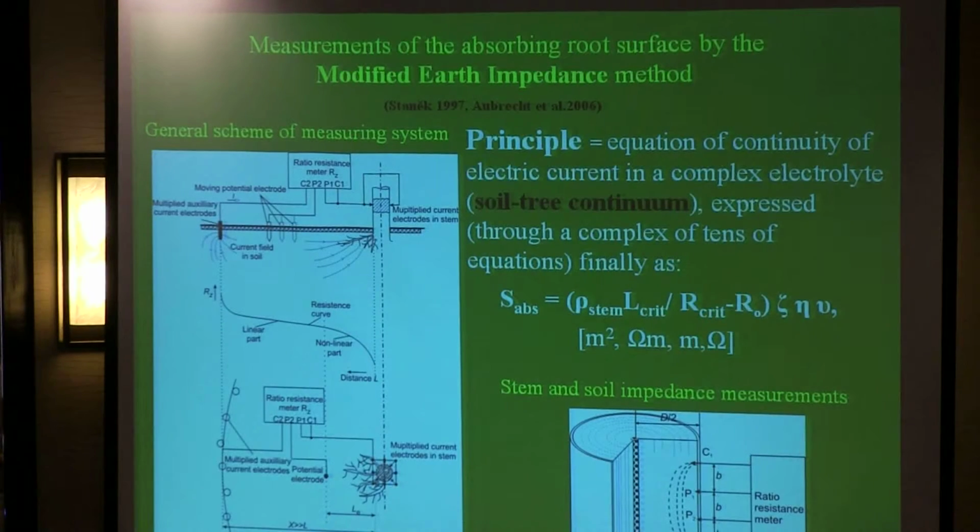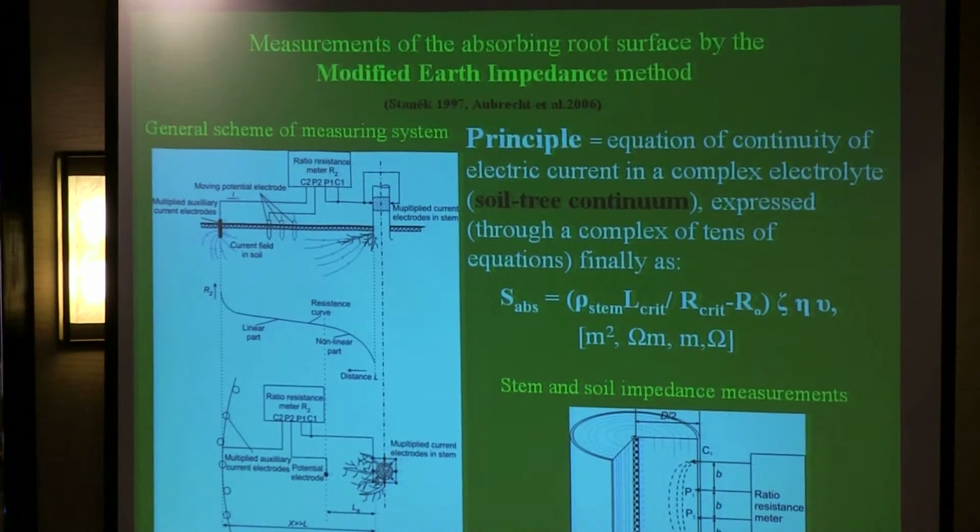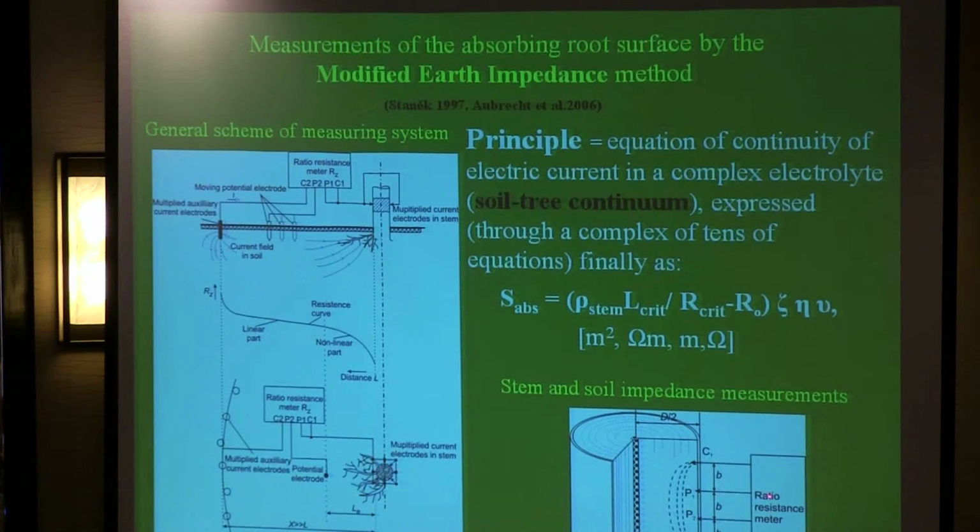Well, so this is finally the electric method for absorptive root area measurements. This is a scheme. I am not going to go into details. For those who are interested, I can show you the whole system outside. And this is the main equation which is used. So this is the sensitivity of the stem and the so-called critical distance, and this is a difference in Earth's impedance of the stem.